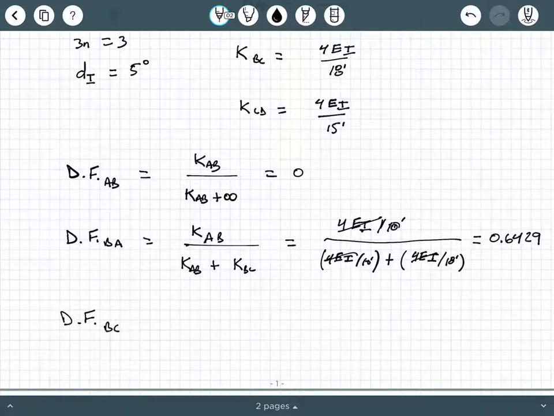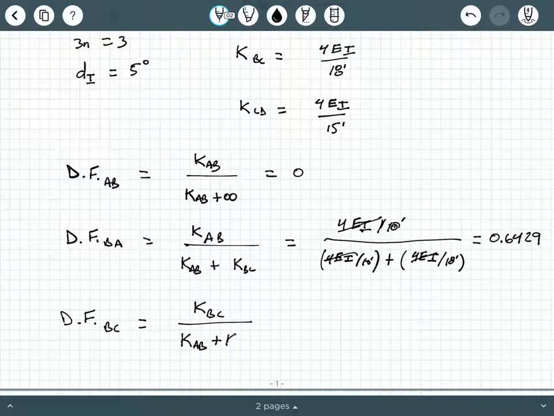Then we're going to calculate the distribution factor for BC. So now we're in span BC. So we got KBC in that numerator divided by what's connected at B. Well, span AB is providing some stiffness. And then, of course, span BC is providing some stiffness.